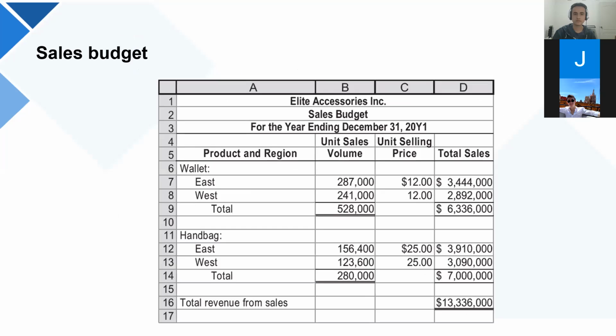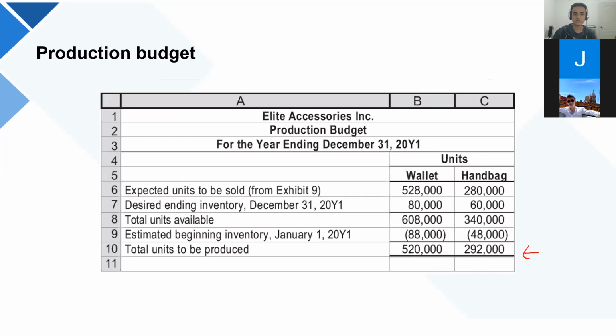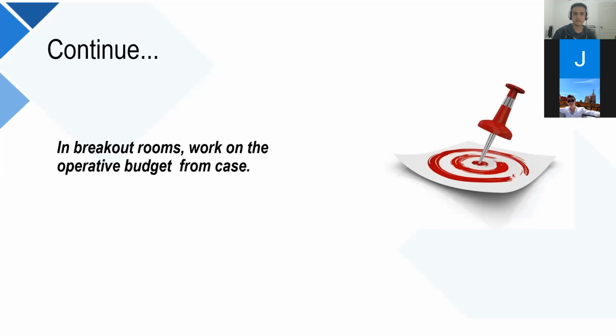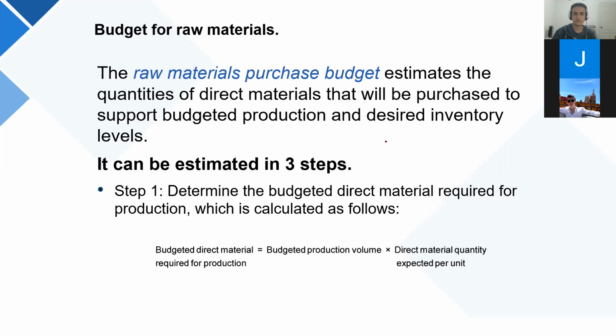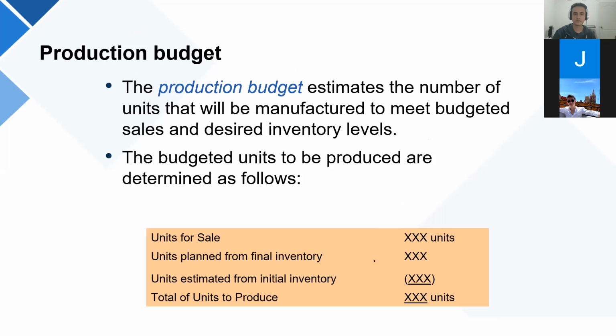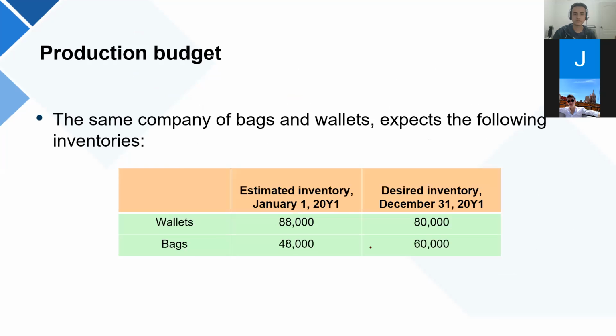As I told you before, last class we just finished the production budget. We left the class here, and now we need to work on the budget for raw materials. And it's not that difficult. It's just a little bit complex because you need to do again these tables for inventory, but it's actually pretty simple.